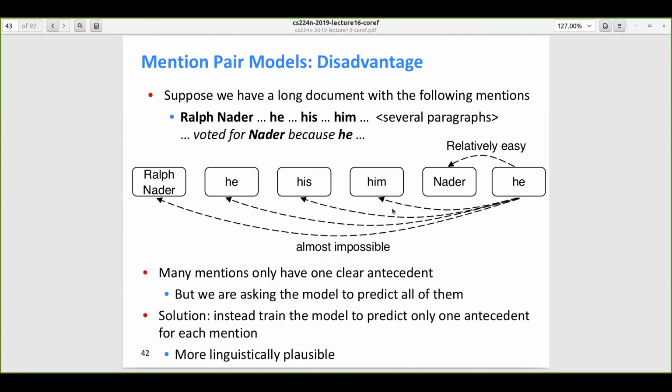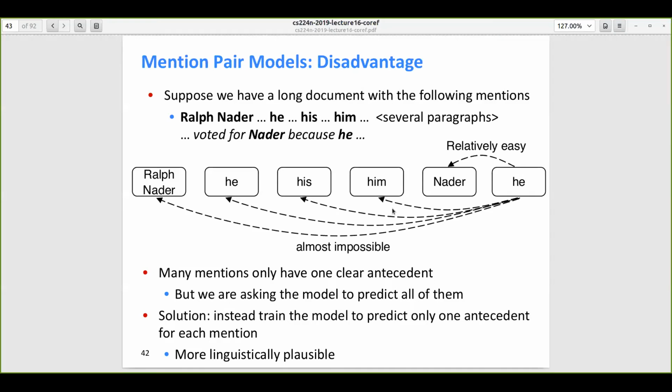Okay, so what we know is that whenever we have mentions in the text, what we try to figure out is, when we have a mention, what its antecedent is. But going by examples like this, we're actually trying to form mention pairs where every word is matched with every other word.